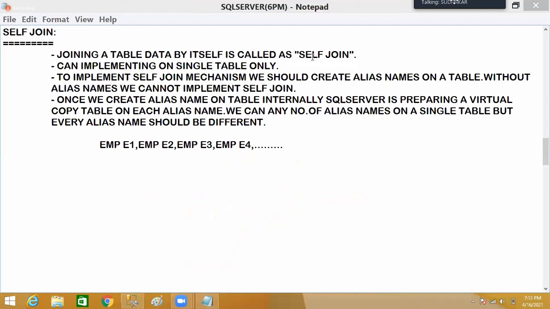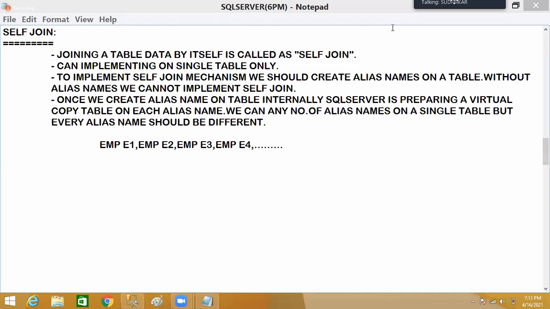Same way, whenever you create an alias name on a table, for every alias name, internally one virtual copy of the table is prepared by SQL Server. If you create 100 alias names on a table, 100 virtual copies are created. If you create 200 alias names, 200 virtual copies are created.